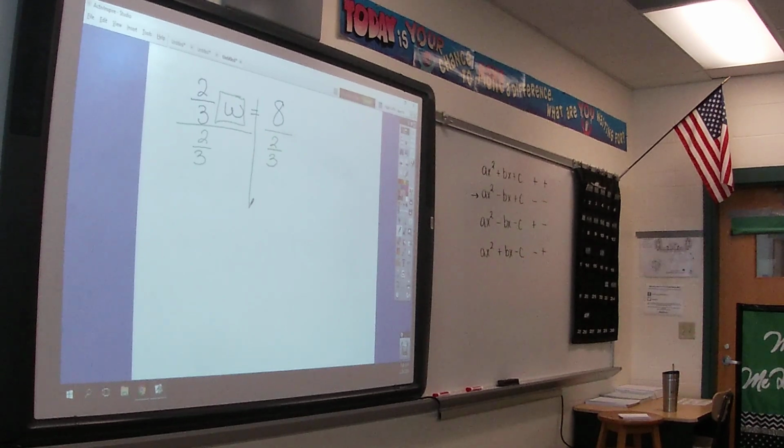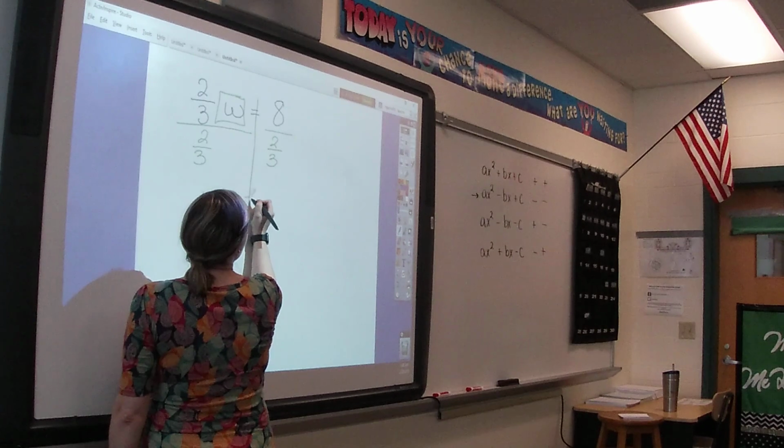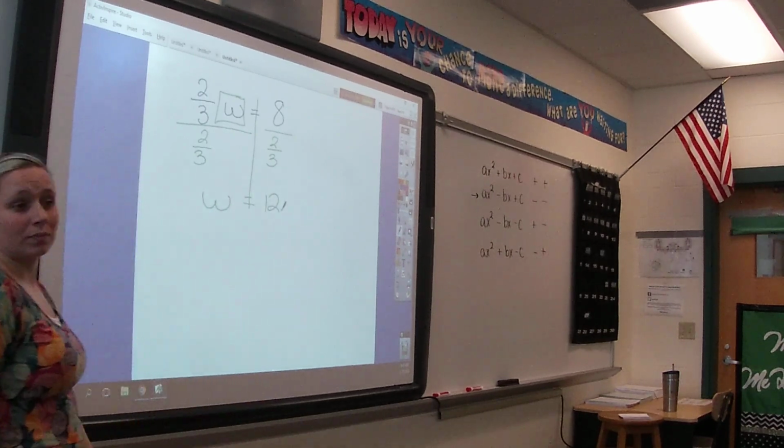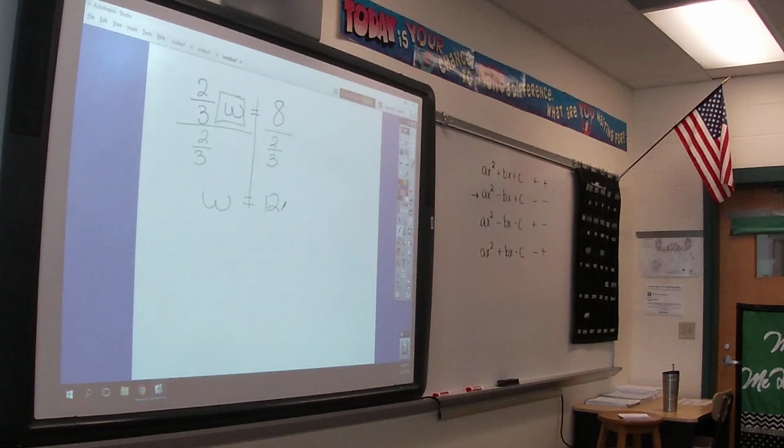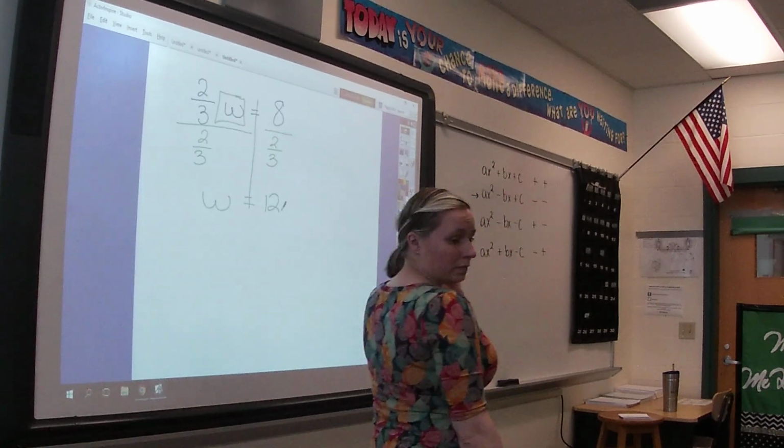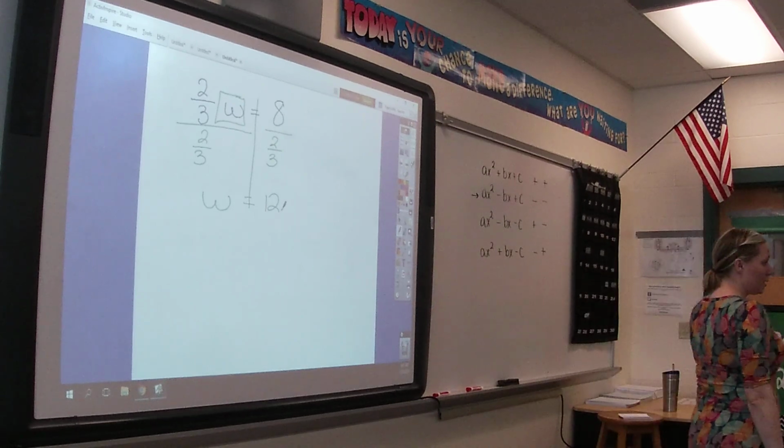Dividing by 2/3 is the same thing as multiplying by 3/2. So it doesn't matter to me what you do. It's up to you if you have a preference. If you have a way that you already are multiplying by the reciprocal, by all means use it. But this is fine as well. You okay on that one?